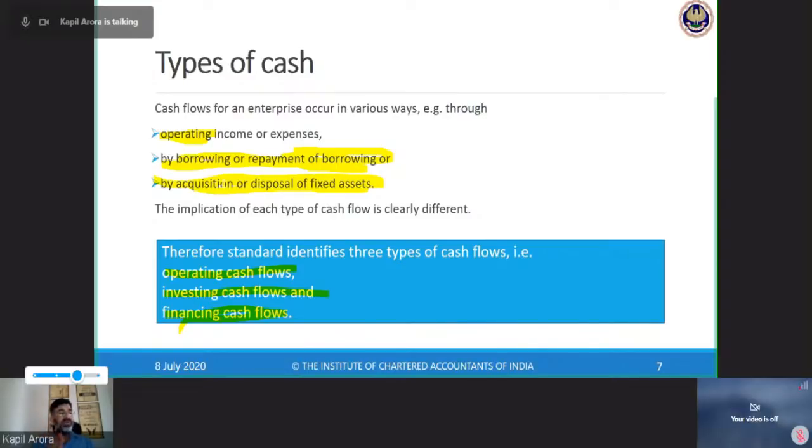So cash can only come in three ways: either from operations, from loans or equity holders, or from selling fixed assets, and it will go out when I buy fixed assets. So three activities are there: operating cash, investing cash, and financing cash.